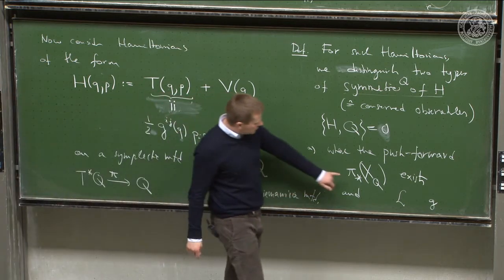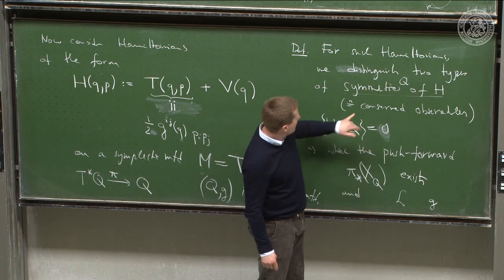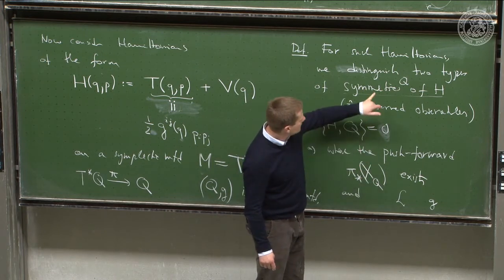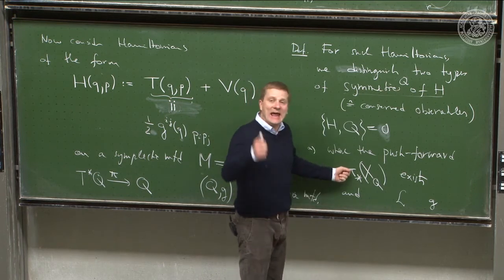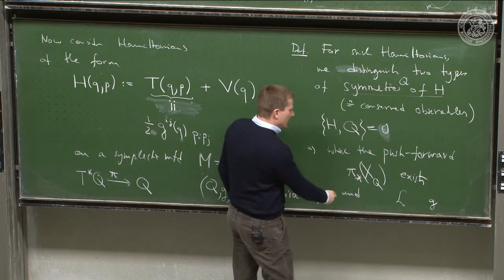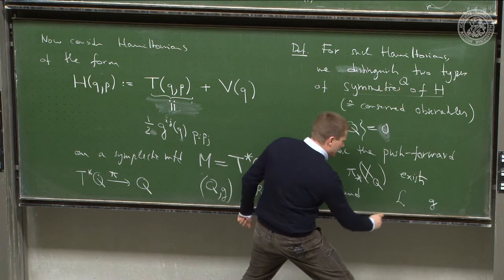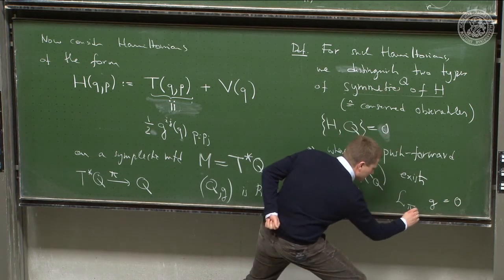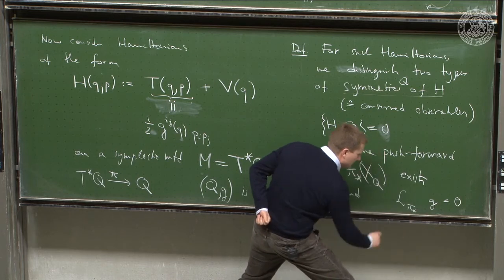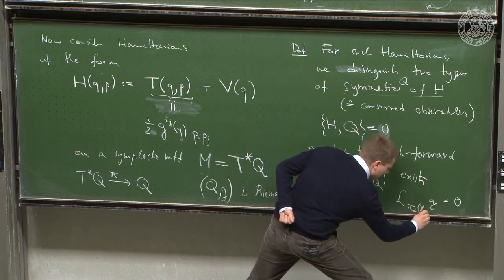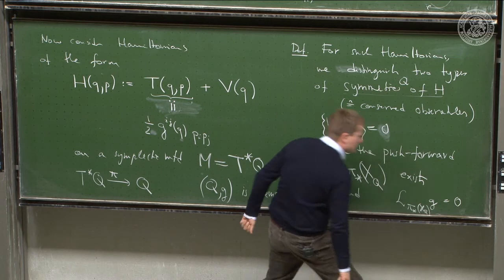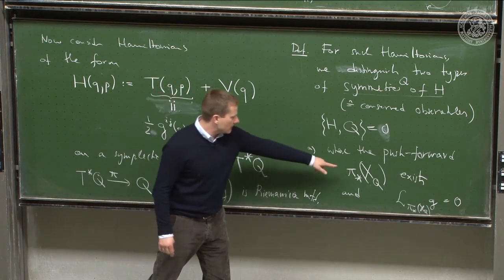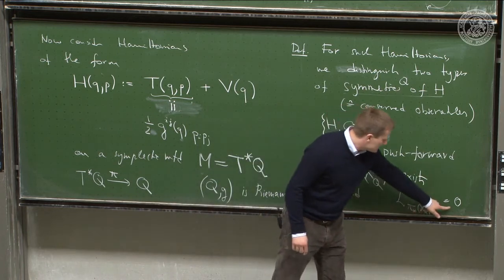If the push forward of the Hamiltonian vector field with respect to the symmetry of H exists, and it's a Killing vector of G, that means the Lie derivative with respect to it of the metric here, which now of course lives down there, is 0.